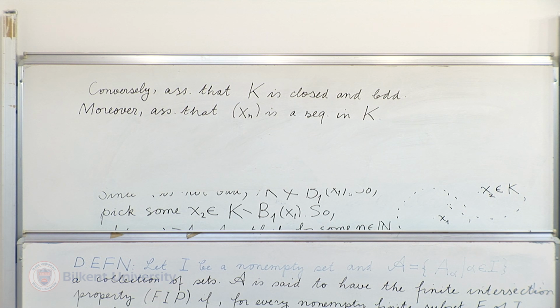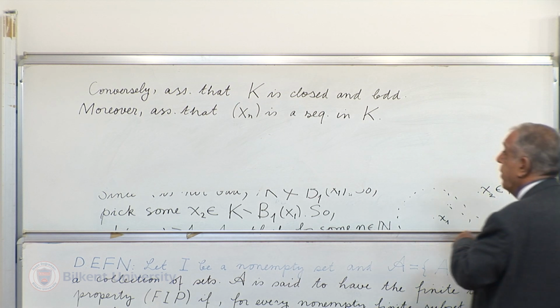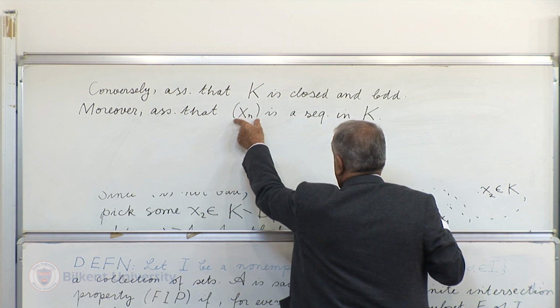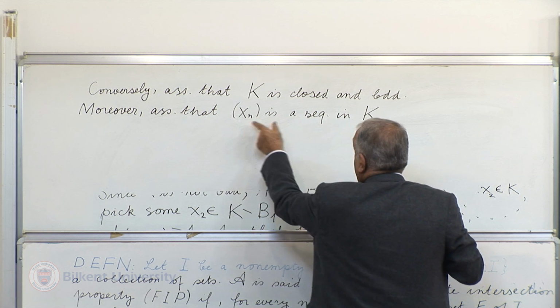It may or may not. But what do we know in Euclidean spaces? If a sequence is bounded, then it has a convergent subsequence. Since K is bounded, the terms of this form a set which is in K, so that's bounded as well.